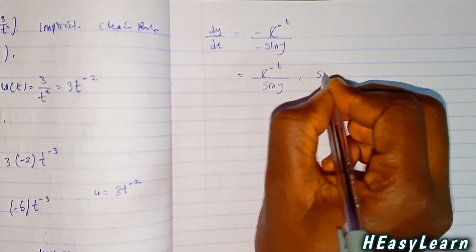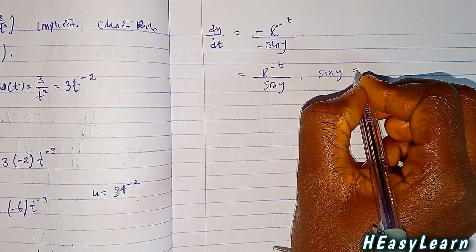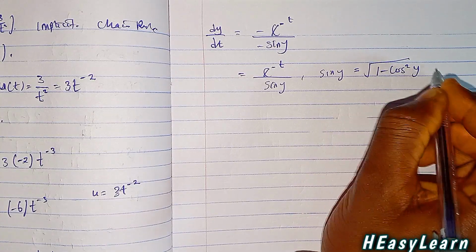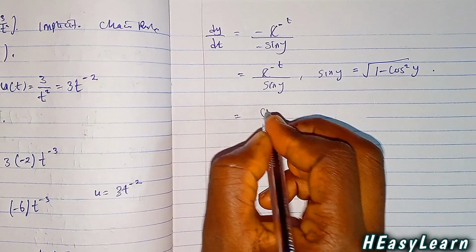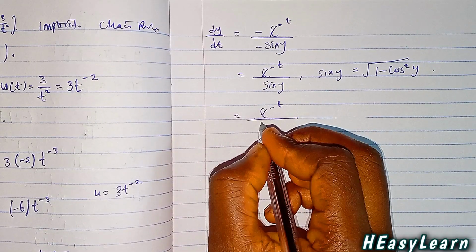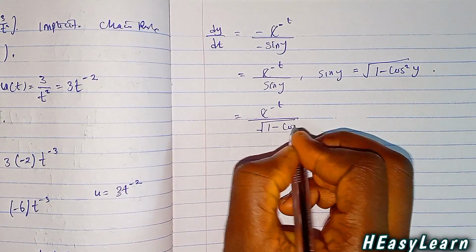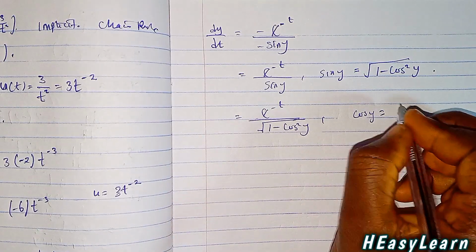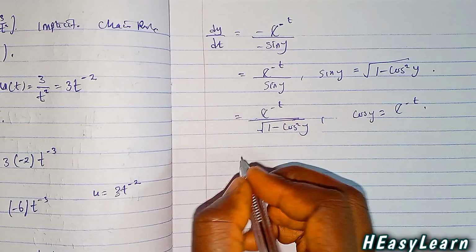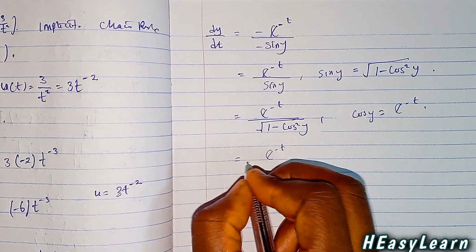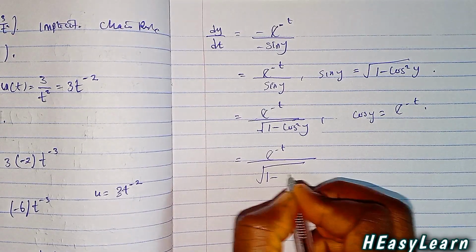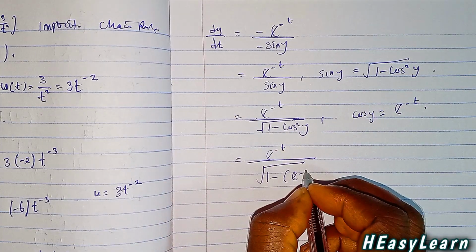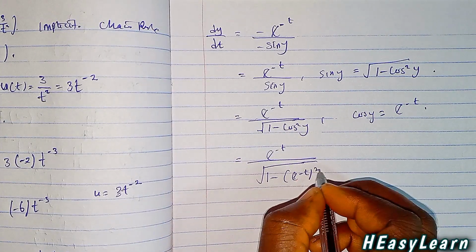From above, what is sin y? Sin y is equal to square root of 1 minus cos squared y. So we have minus exponential minus t divided by square root of 1 minus cos squared y. What is cos y? Cos y is equal to exponential minus t. Anywhere there is cos y, plug in exponential minus t all squared.